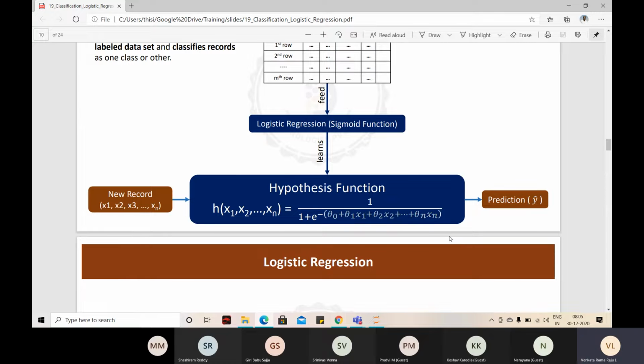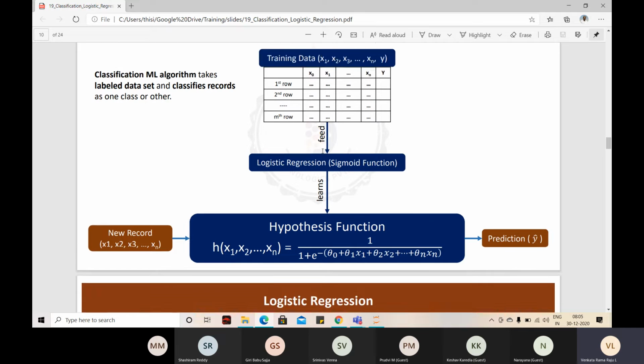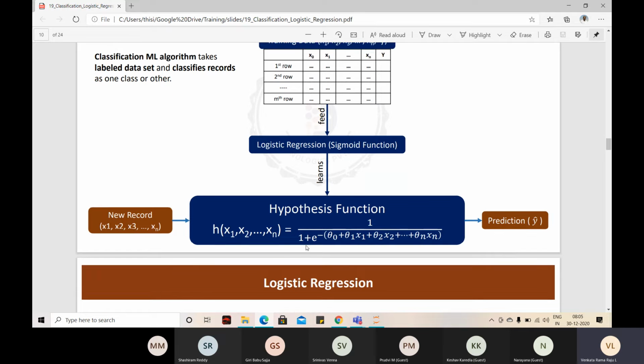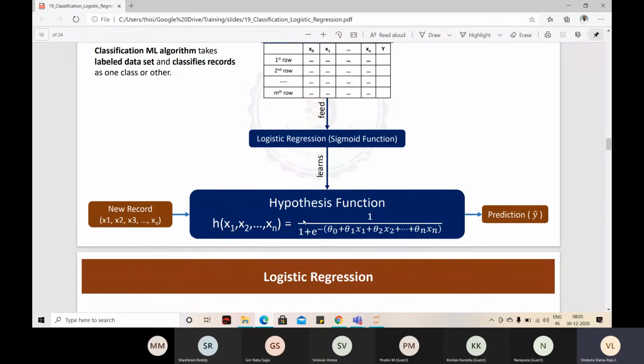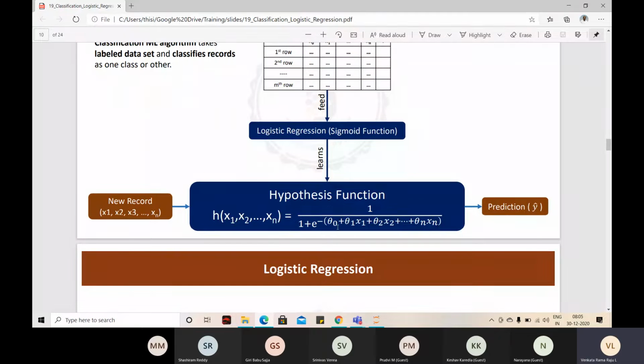This is a linear equation. In linear regression, this was the hypothesis function, but in logistic regression, it is 1 by 1 plus e power minus of the linear equation. We'll understand why this hypothesis function in a moment.